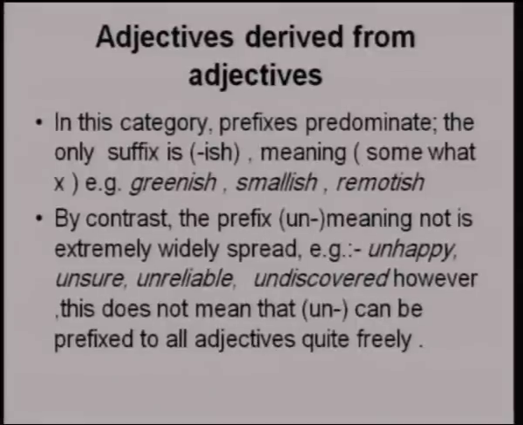Now we have adjectives derived from other adjectives. This is referring to the smallest degree of things. I say, for example, green. Okay, this is dark green. I need to have it as light green.